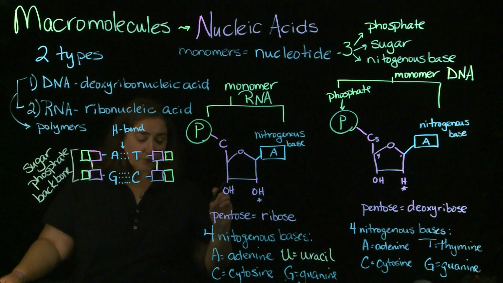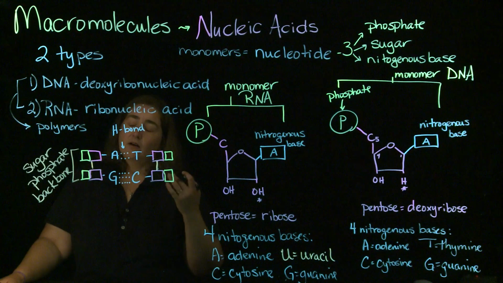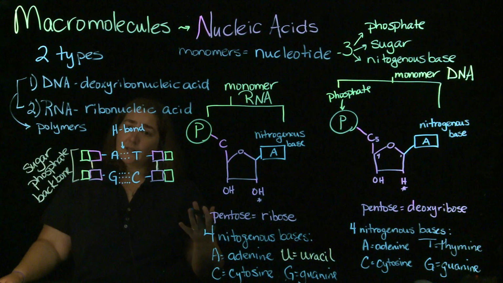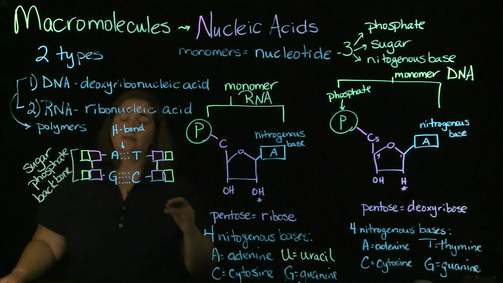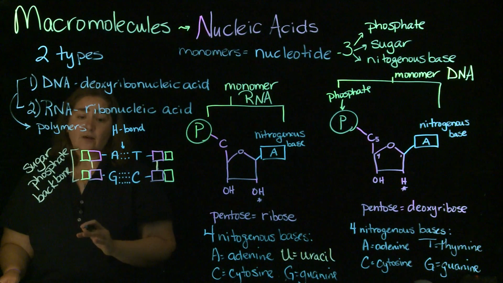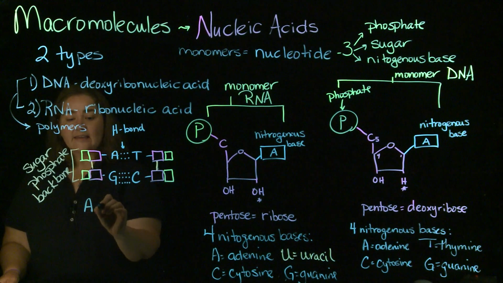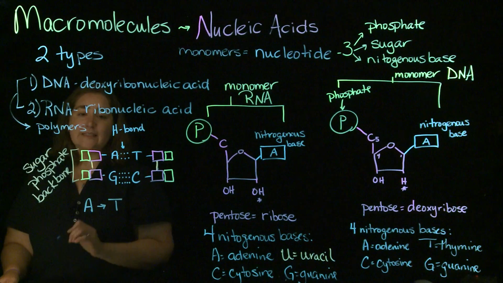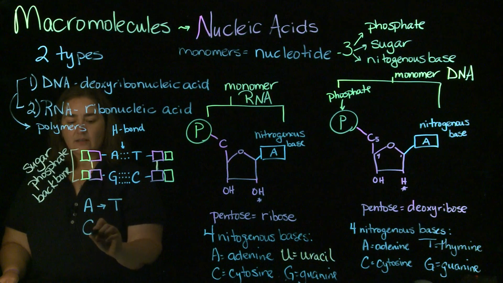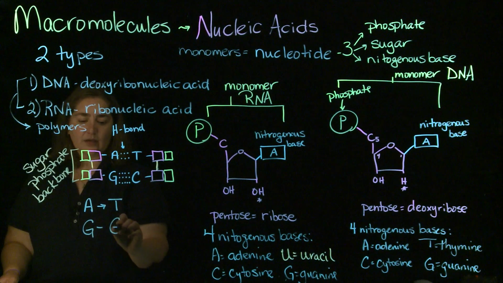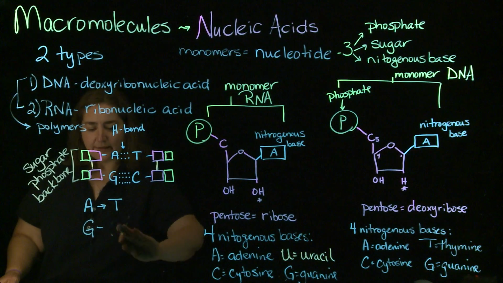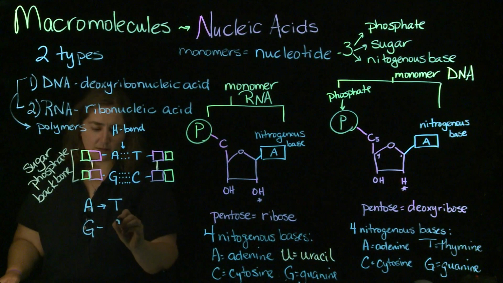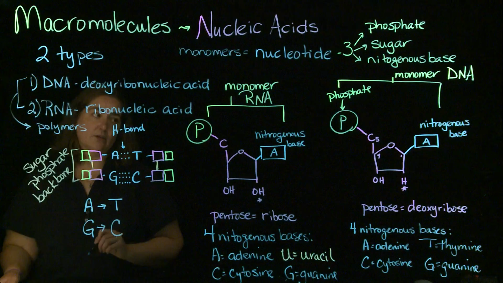And we'll talk a little bit more in detail about that when we get to the nucleic acids. But if you notice, I paired these up. A is always going to pair with T in DNA. G is always going to pair, I drew another G, that was a mistake, with C, okay?